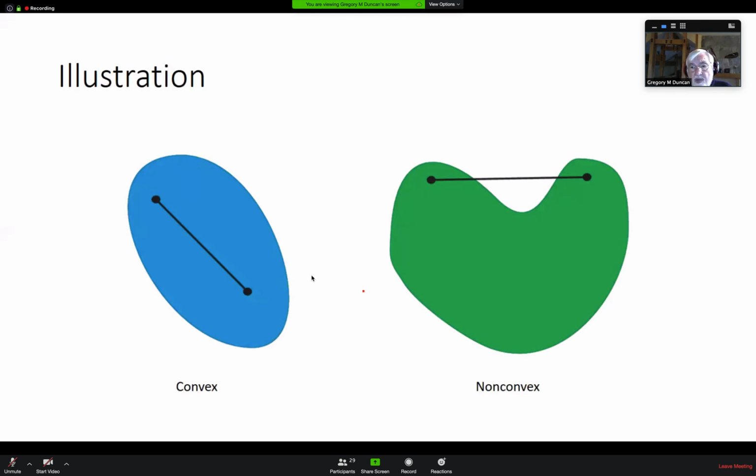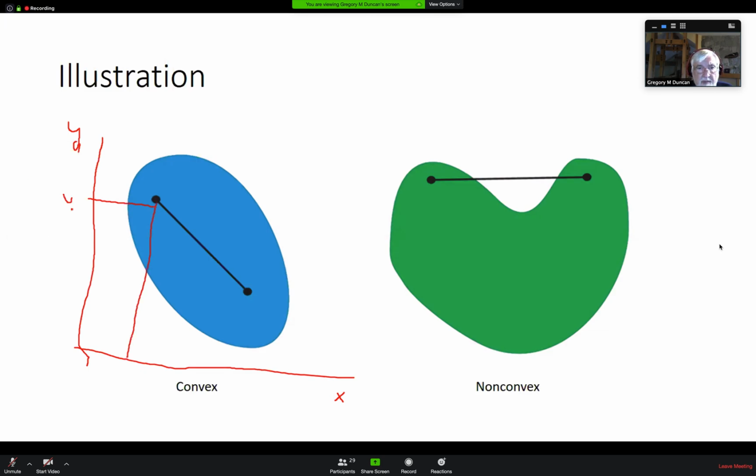And the illustration was this way. So we could treat this as theta 1, this is theta 2, and anything along here is an average of those two. We'll call this x, we'll call this y, and this would be maybe y1.